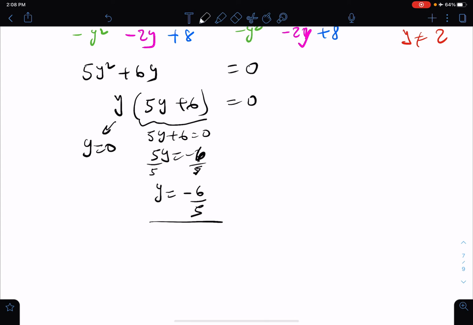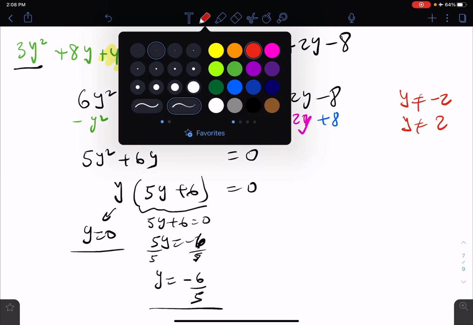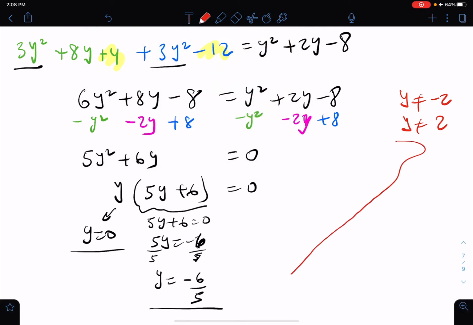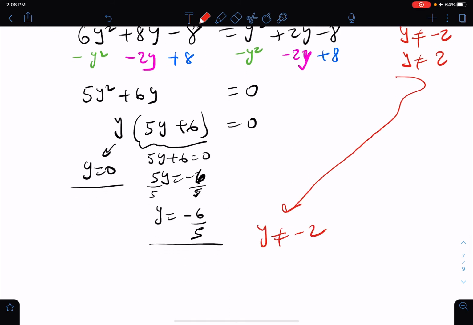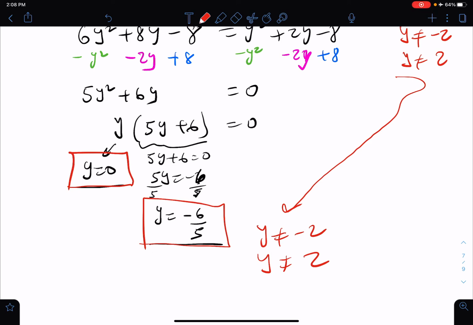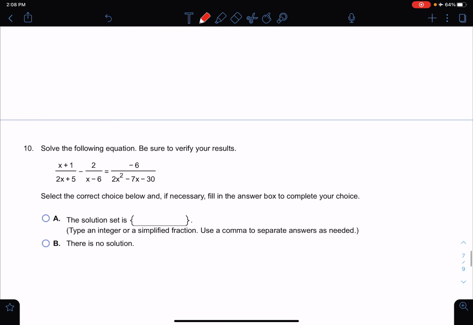So here's my two possible answers, but I better check my restrictions. And my restrictions don't look very restricting because restrictions are just y cannot equal negative 2, y cannot equal positive 2. So this y equals 0 is a good answer, and this y equals negative 6/5 is a good answer. And we move on to our final problem.